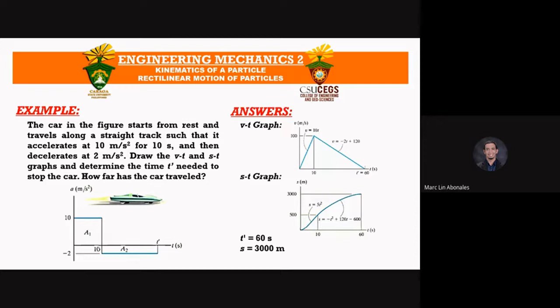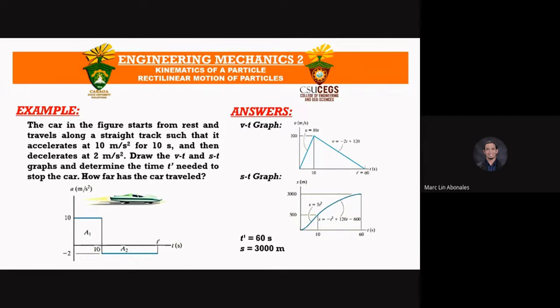And these are the answers on the left side. This is the VT graph, this is the ST graph. And the time needed to stop the car must be 60 seconds as the final time. And the distance traveled by the car is 3,000 meters, starting from rest.